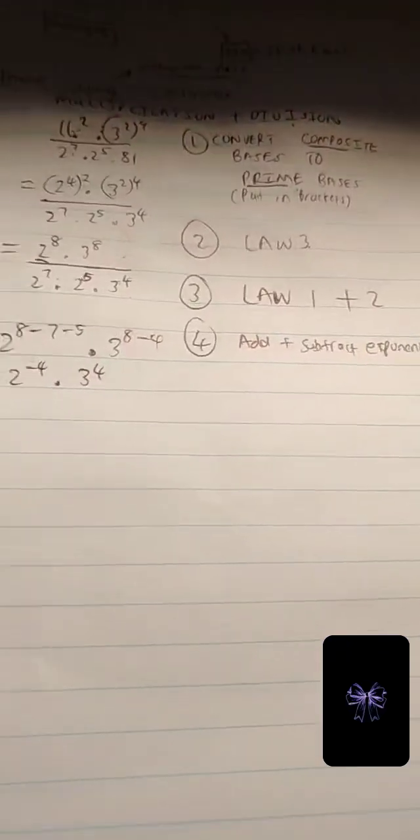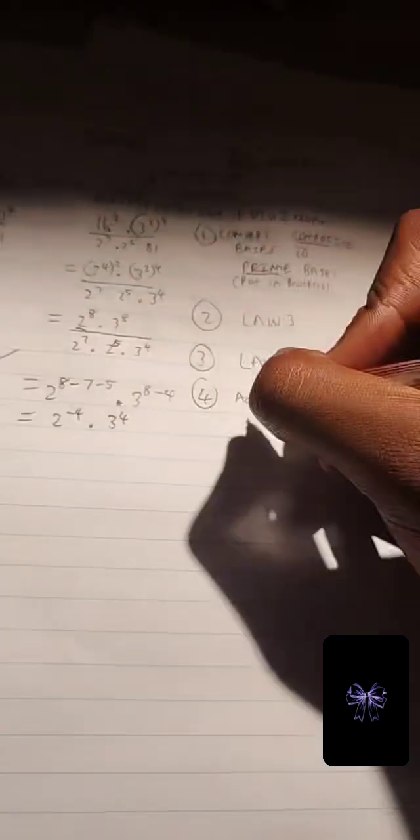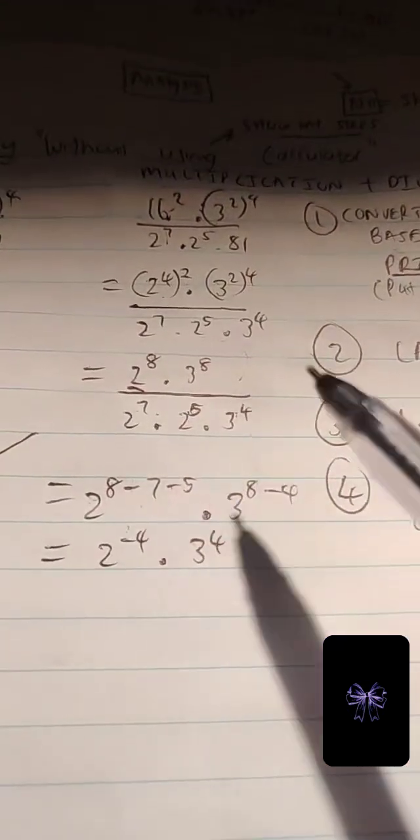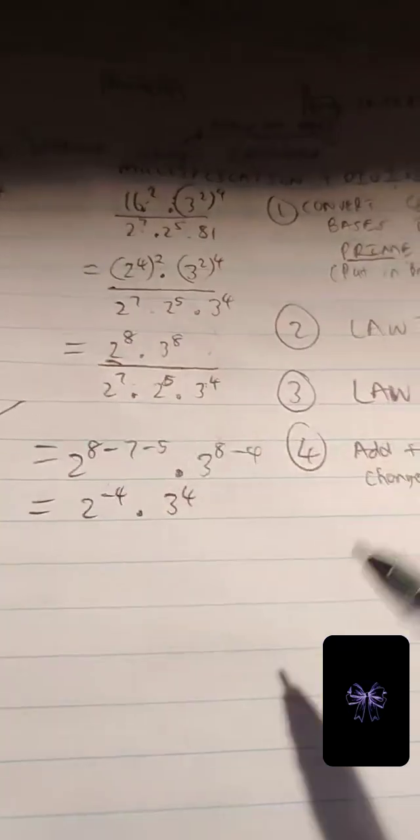After applying law number 4, we add and subtract the exponents. And we make sure that our exponential subtraction is good. And let's not forget the change in sign. Whenever there's a movement of a base from a particular position to another, there's a change in the exponential sign.